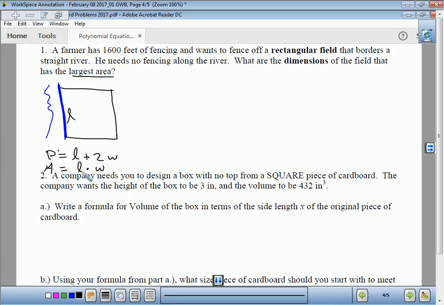Okay, so those are important concepts. But we have too many variables. It is upsetting. Okay, I'm about to do one little sneaky thing, and it's going to be enough for you guys. I'm going to call the width x.